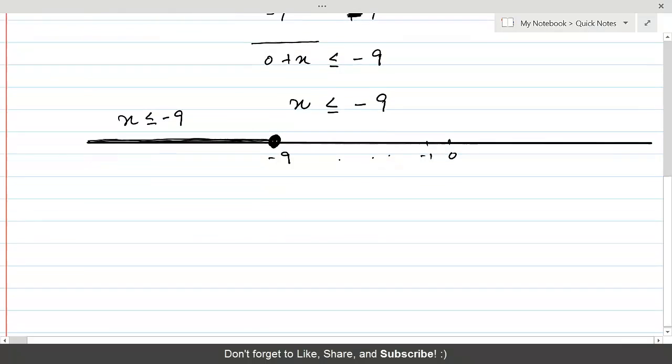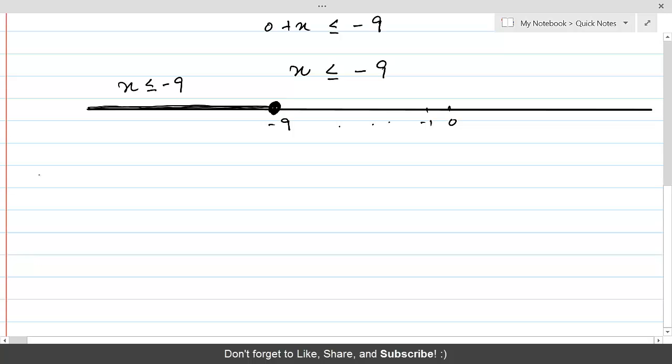Now let's go to question number 2. Our question number 2 is: solve the inequality. And what is the inequality?